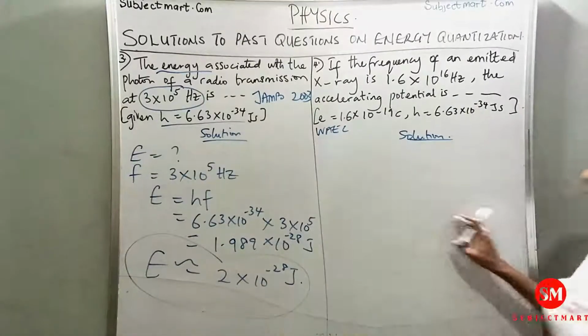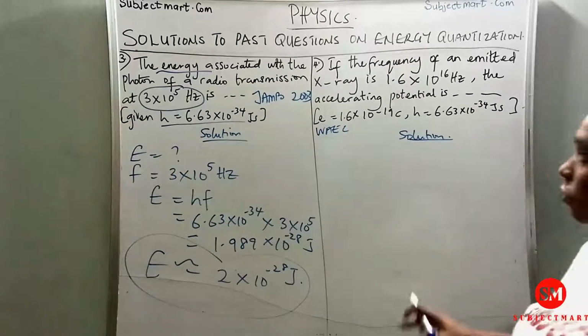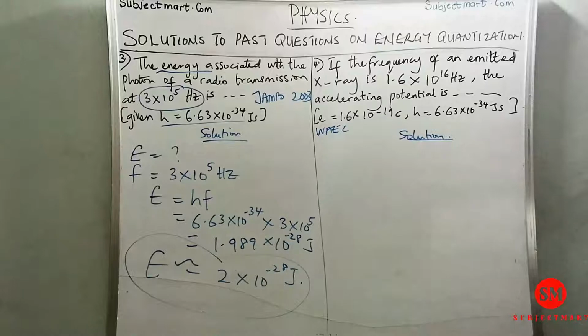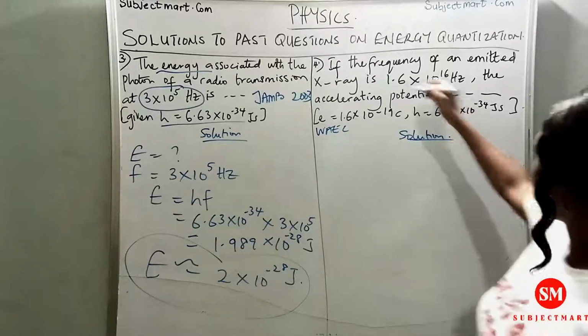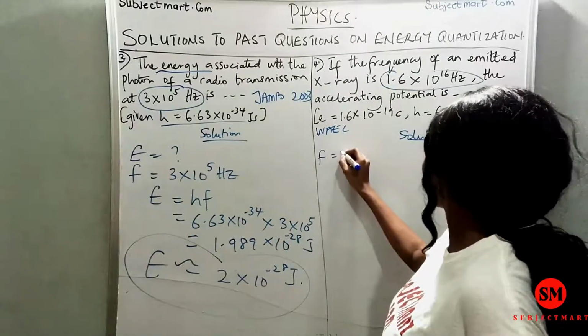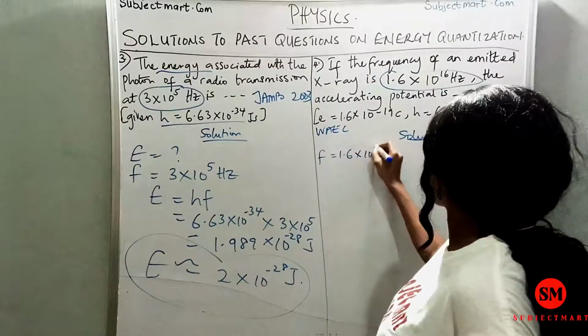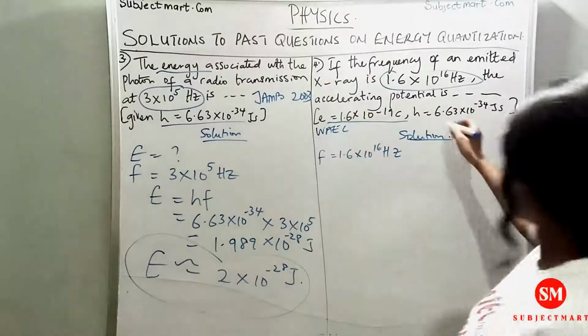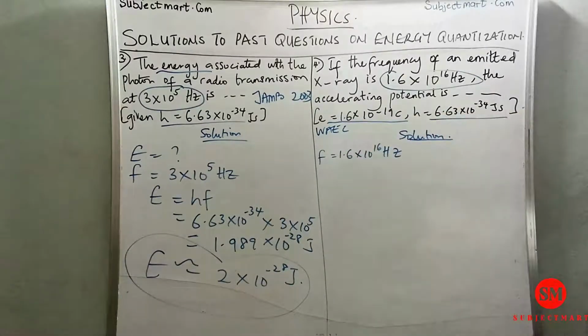I believe that is explanatory. Now, the next question says, if the frequency of an emitted X-ray is this, also we are given the frequency from this question. We are given the charge and then we are given the Planck constant.